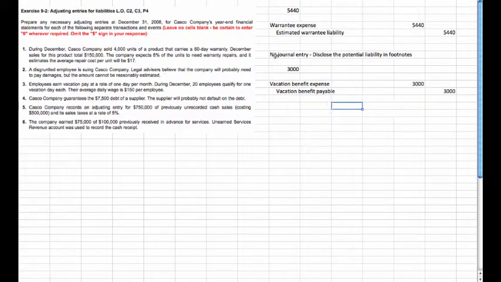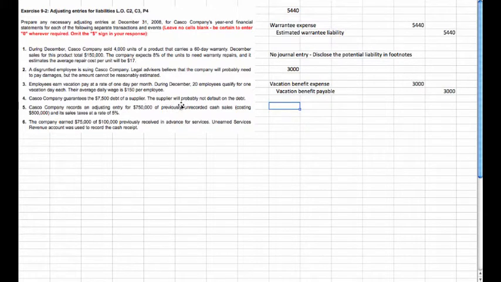All right, situation number 4 says Costco Company guarantees the $7,500 debt of the supplier. The supplier will probably not default on the debt. Once again, go to that matrix and ask yourself the question, is this potential liability probable, possible, or remote?